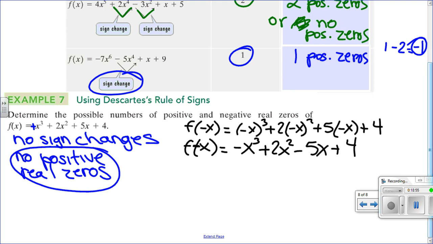And this is f of negative x. So now if we count the sign changes, from here to here, that's 1. Here to here, that's 2. And here to here, that's 3. So what this tells me is that we could have 3 negative real zeros.